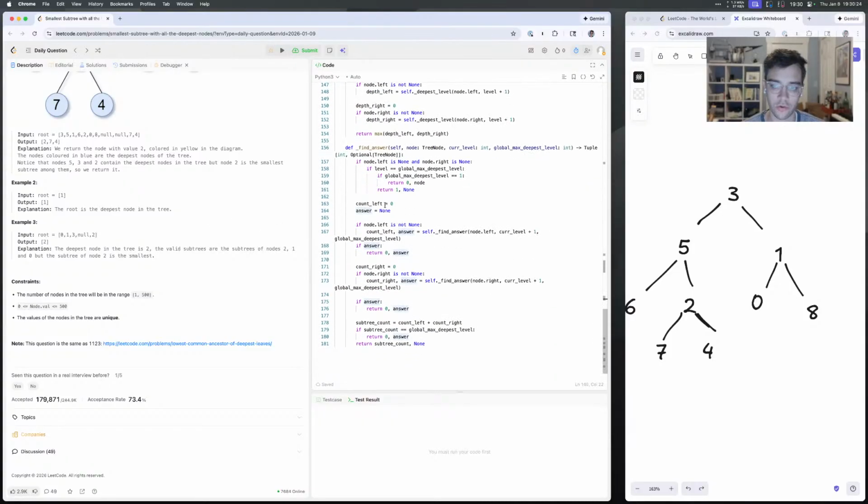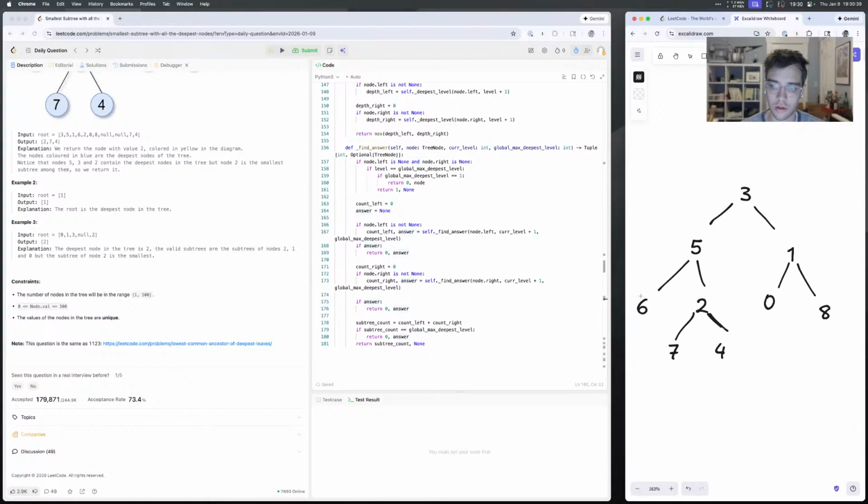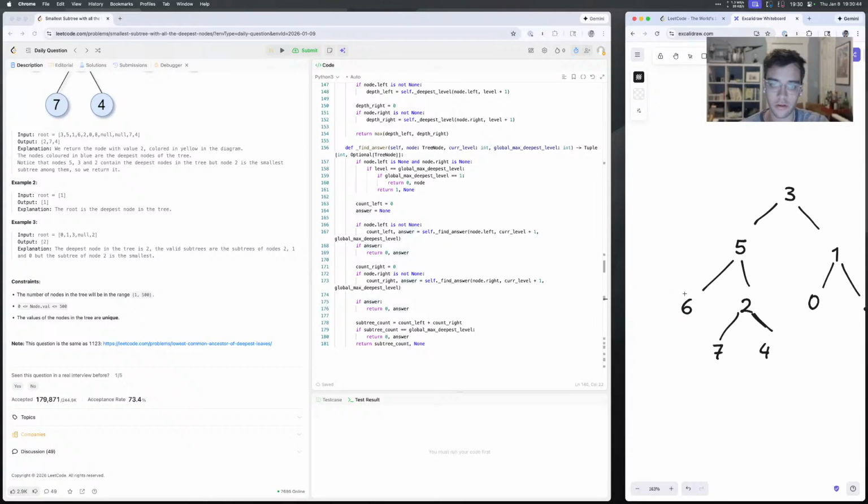Okay, so the global is 3. This level is 2, that's not equal to 3.